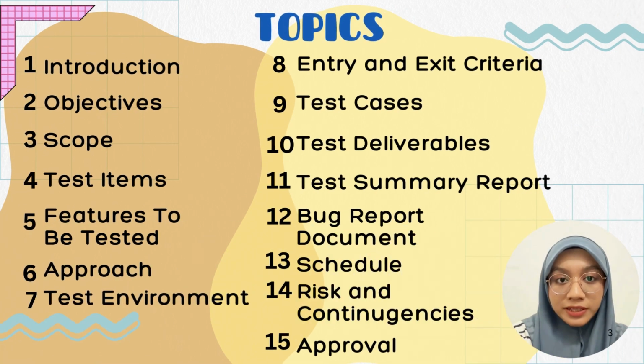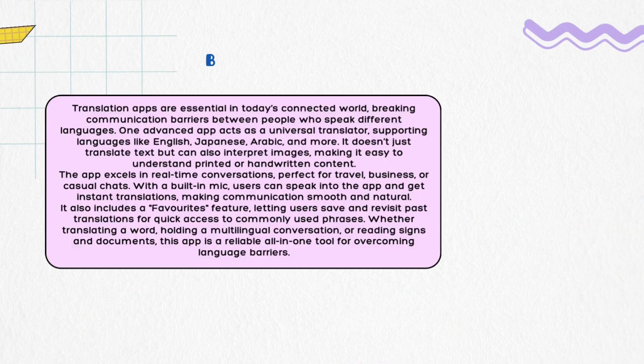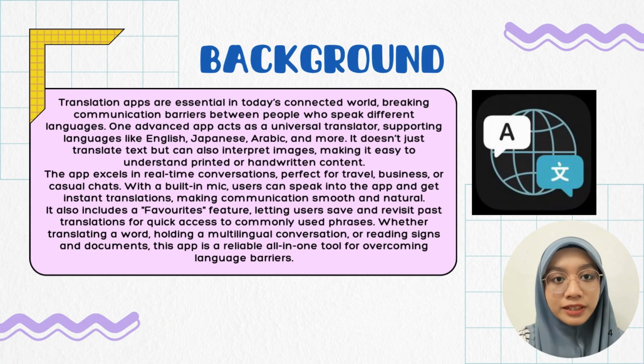This is the topics that we will be presenting on in this presentation. In today's connected world, breaking communication barriers is more important than ever. Translation app is a universal translator designed to make communication seamless. This app supports a wide range of languages, including English, Japanese, Arabic, and many more.